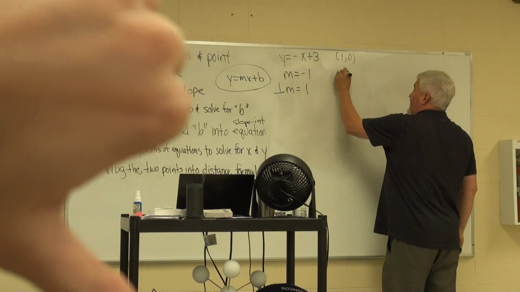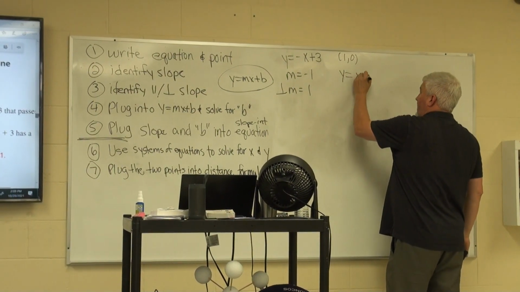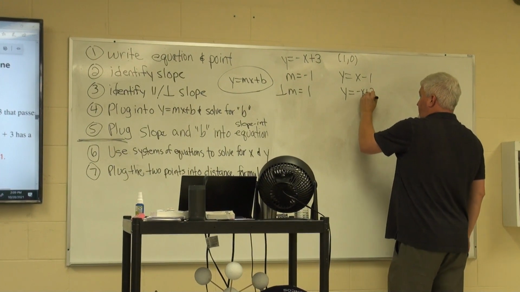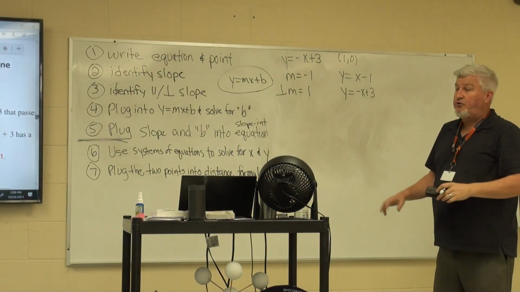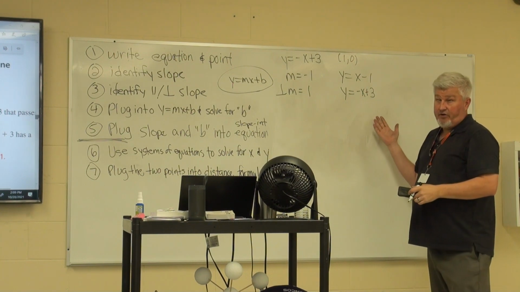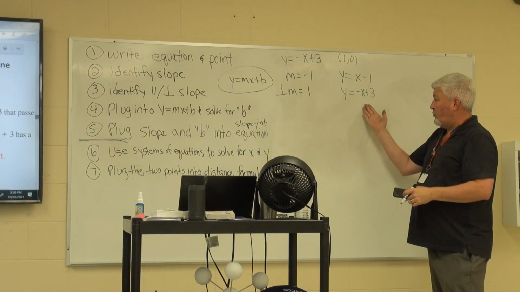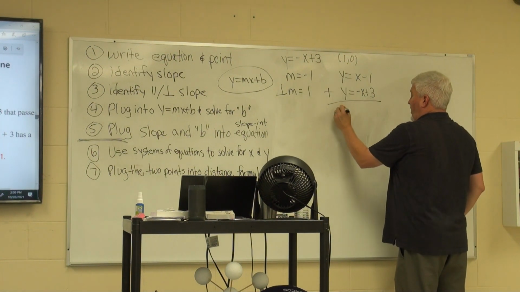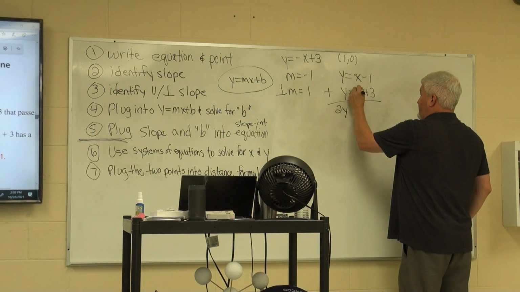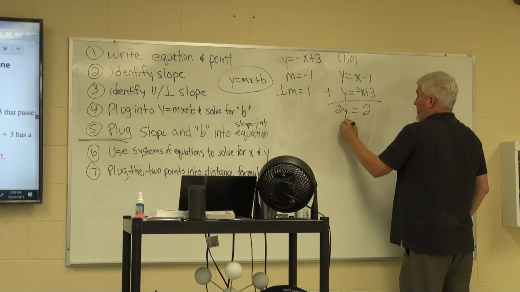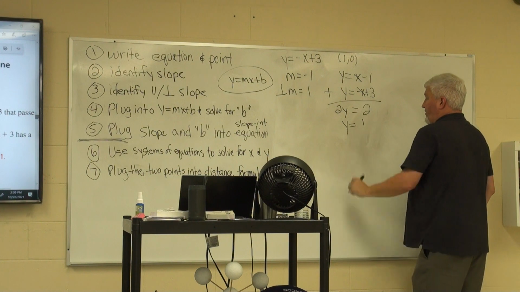So I have y equals x minus 1 and y equals negative x plus 3. Those are my 2 equations. So now we choose to do either substitution or elimination. I suggest elimination for this because it's already set up to eliminate. Draw your line and add. y plus y is 2y. The x is eliminated. Negative 1 plus 3 is 2. Divide by 2, y equals 1.